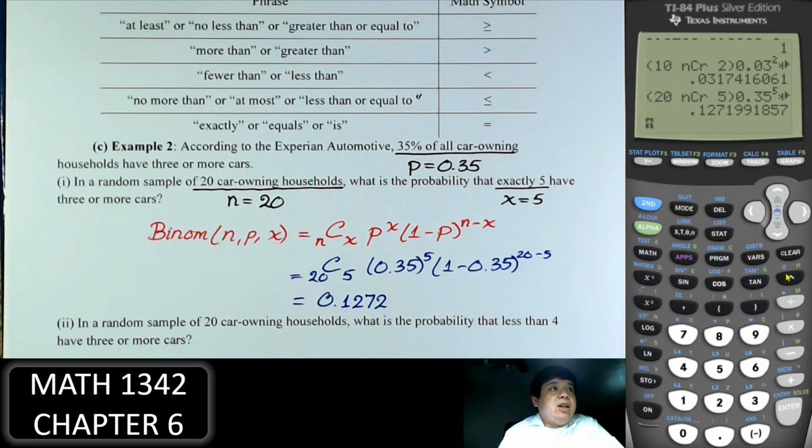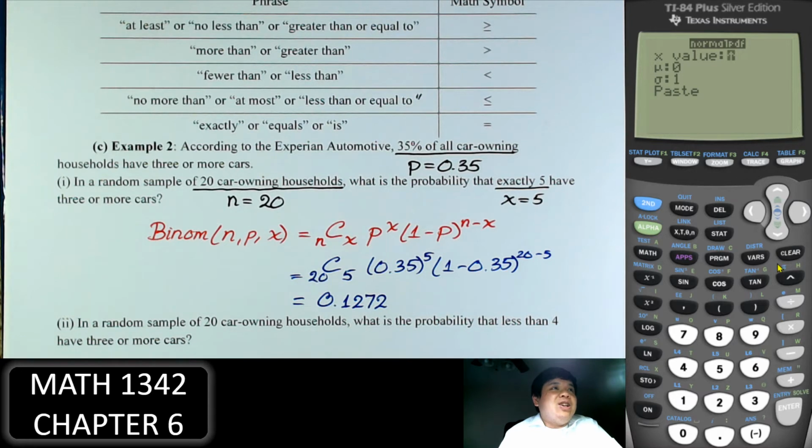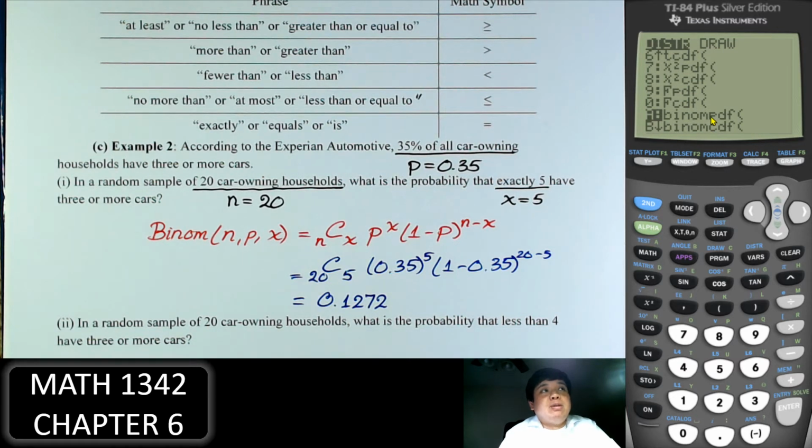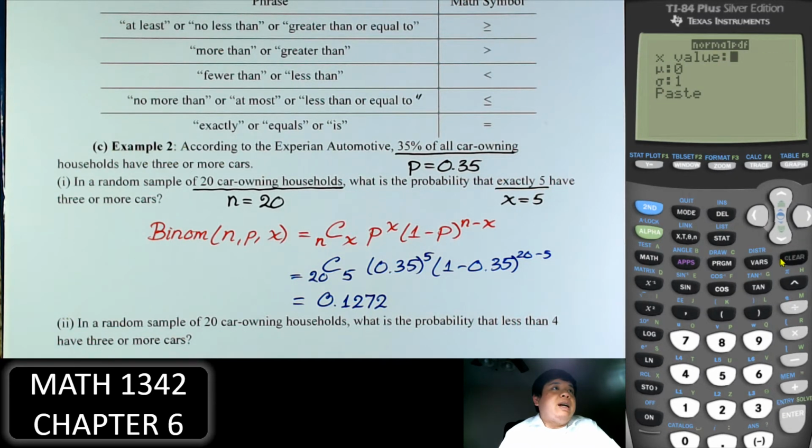Now there's another way to do this. Second distribution, go to the first one, normal PDF, and the x values, second distribution, and we have to go to binomial, which is way down here. Choose the binomial PDF, not the CDF, the PDF. Right, actually we need to clear everything.